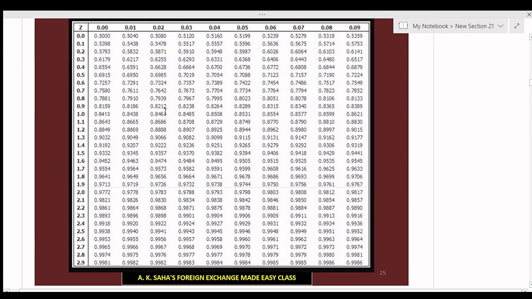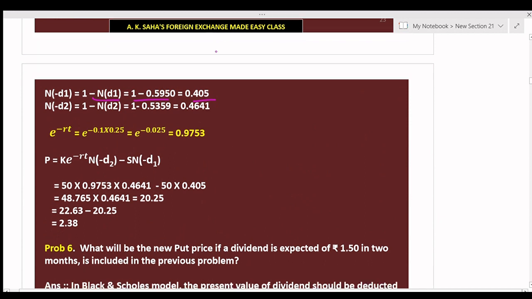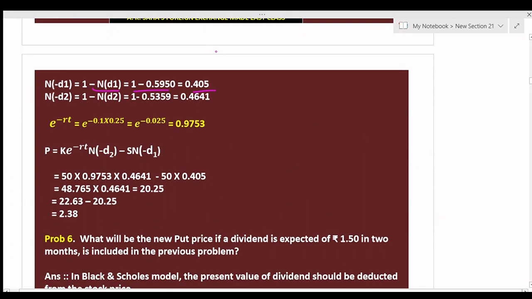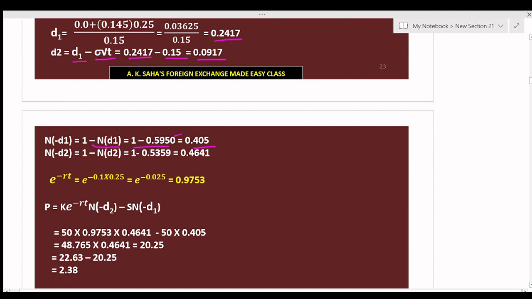The rest of the figure I cannot find out because the additional chart is not given here. 0.24 is 0.5948. Here you see 0.5950. It is taken as 0.5950 because the figure is 0.2417, so 0.002 is added here, and 1 minus 0.5950 is equal to 0.405.